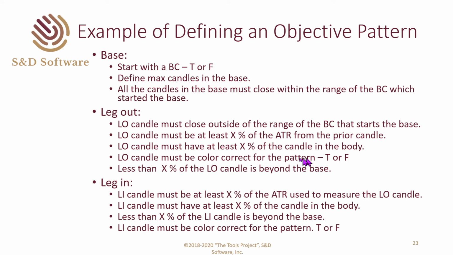And is it all right for the leg out candle to go below the base? And then when you look at the leg in, what percentage of the ATR do you want that to be? What percentage do you want the minimum candle body to be? Are you going to let the leg in candle go below the base? And do you care what the color of the leg in candle is?